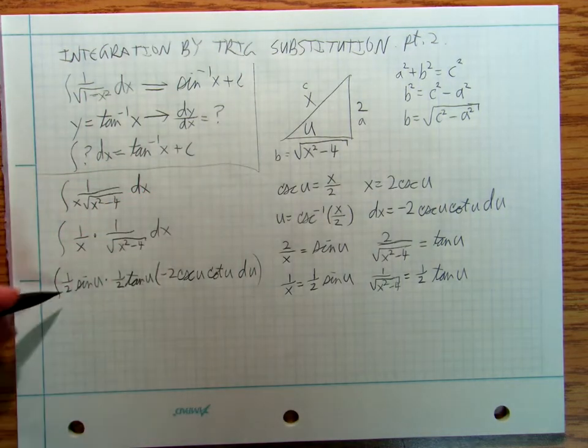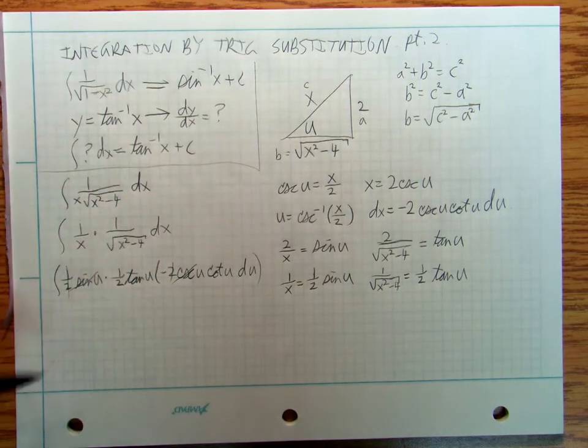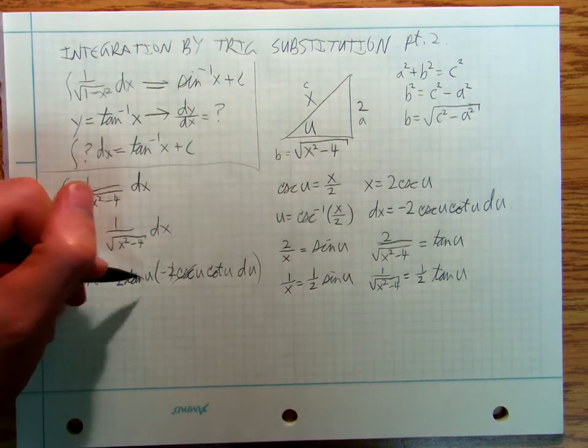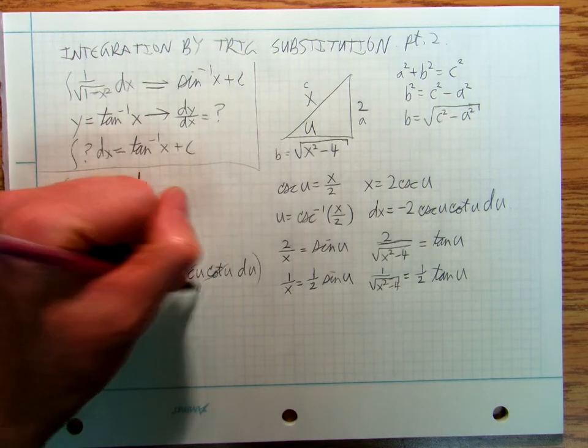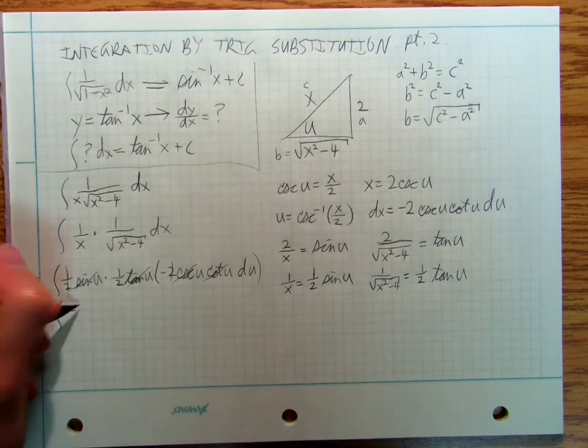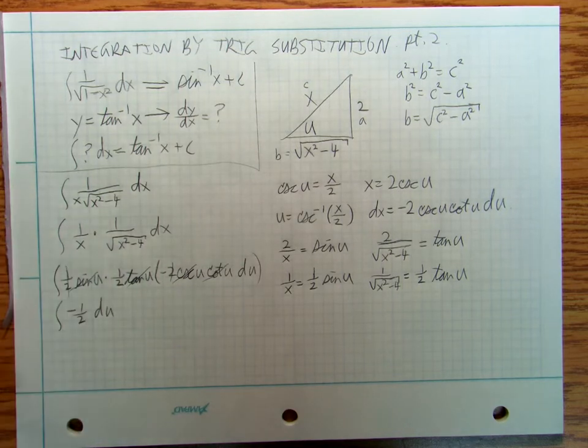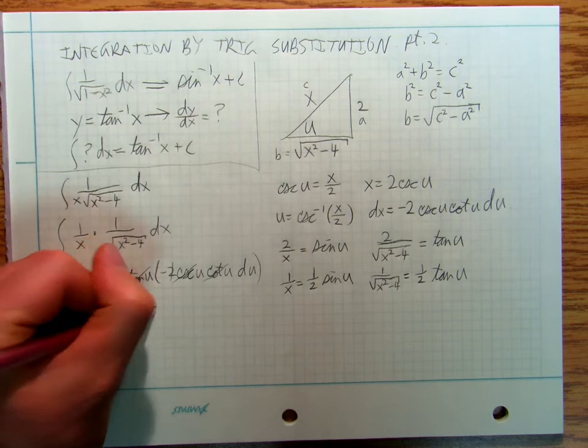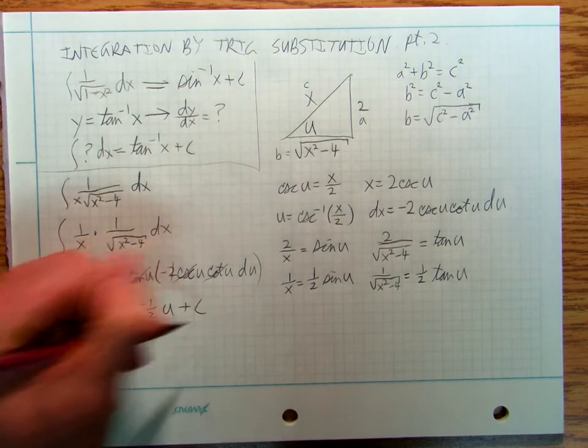Well, that 1/2 cancels that 2. That sine u cancels that cosecant u. And that tangent u cancels that cotangent u. And so I've got the integral of -1/2 du, which is going to be -1/2 u plus c.